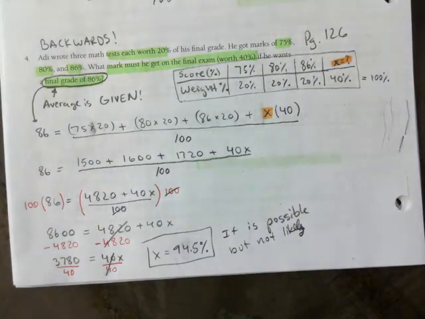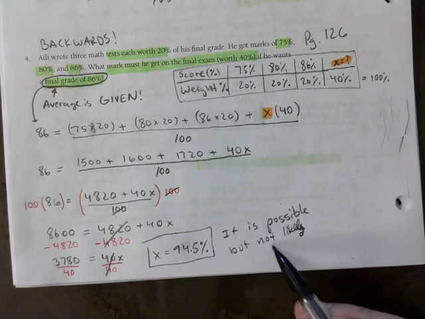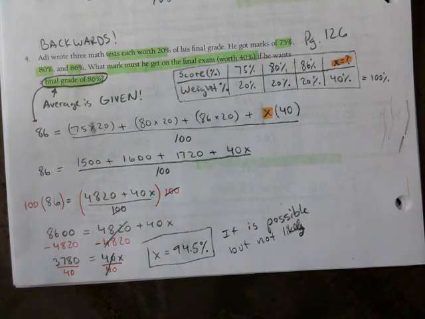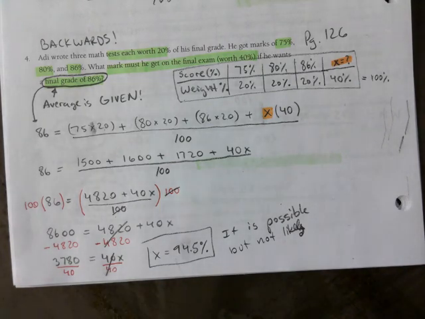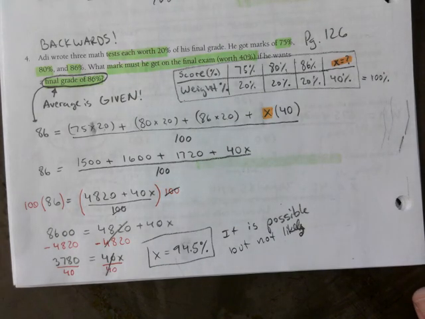I mean, as long as this number had been over 100%, 100% is still okay. 99.9% is still okay. But as soon as you're over 100, you would have to say it's not possible, unless Mr. Davidson throws in a bonus. But don't answer that. Don't just say it's not possible, right? Especially on an exam, usually you don't have a bonus.